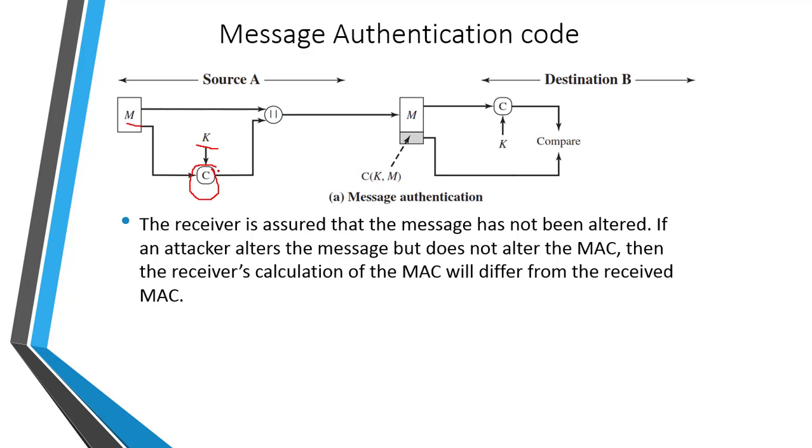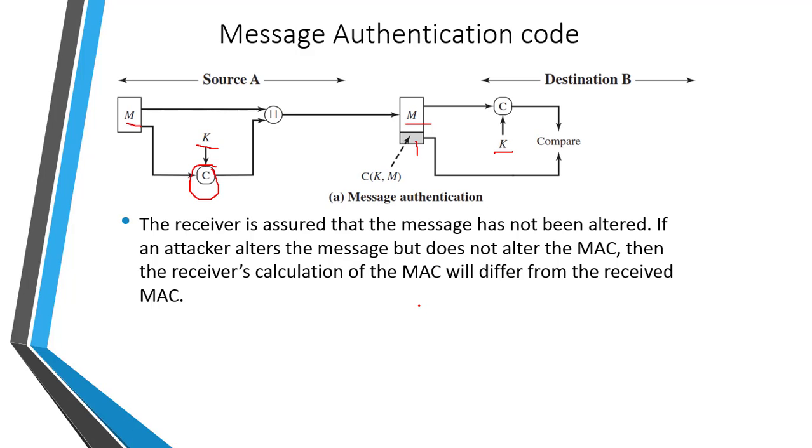So this MAC code is generated, appended to the original message, and shared to the destination B. So this is a MAC code. Then on the destination side, the destination will calculate the MAC code using this message and the shared secret key, and then the destination will compare the calculated and received MAC code.